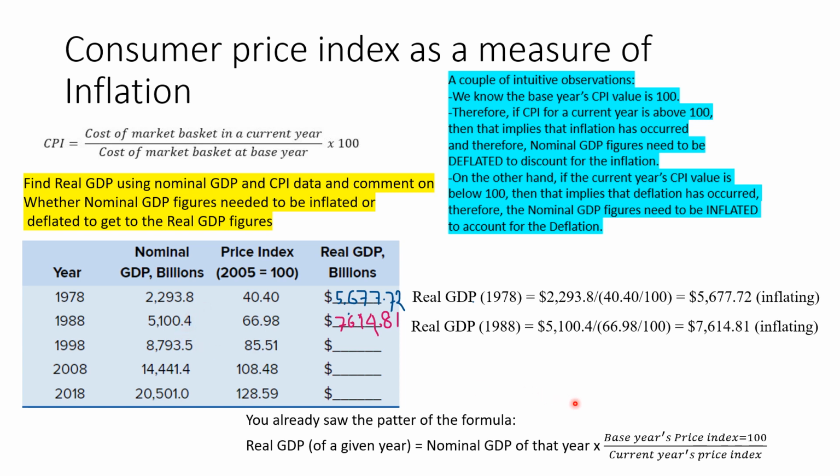So that means we are going to use this formula here. Real GDP of a given year equals nominal GDP for that year times the base year's price index over the current year's price index.